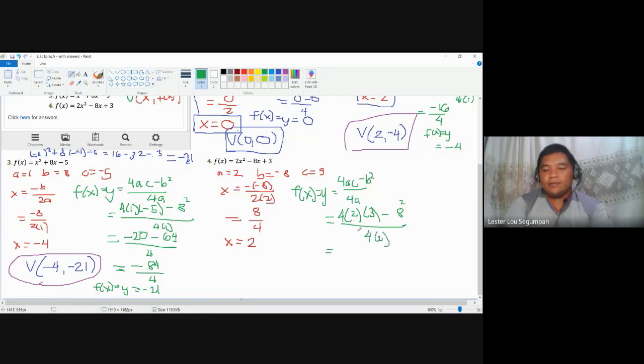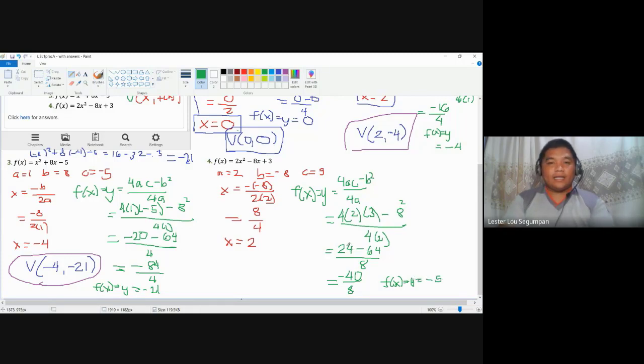So 4 times 2 times 3, that's 8 times 3, which is 24, minus 64 all over 8. 24 minus 64 is negative 40. Divide by 8. So your f of x or your y coordinate is actually negative 5.